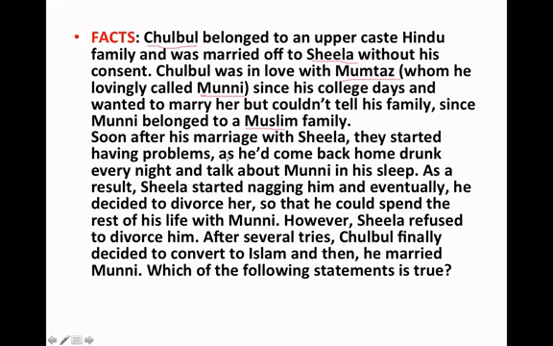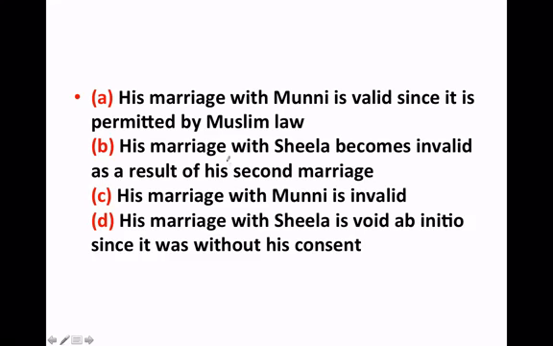Which of the following statements is true? His marriage with Munni is valid since it is permitted by Muslim law. Now, this fact, which I also earlier told you, is not mentioned anywhere in the facts or in the principles.